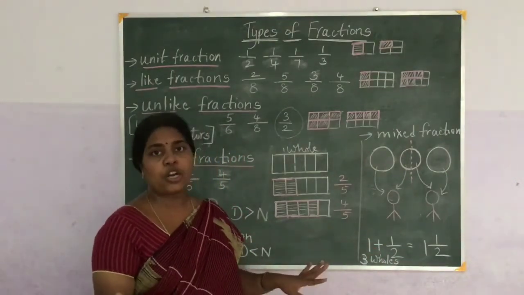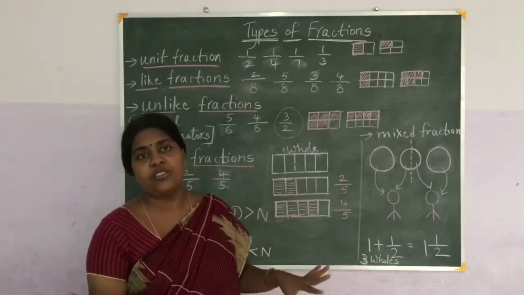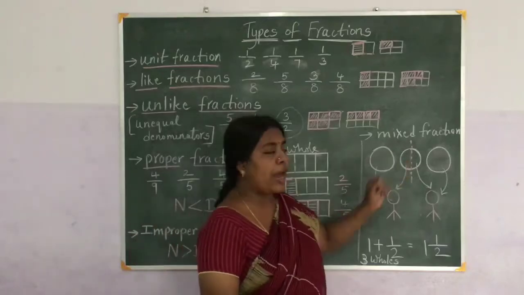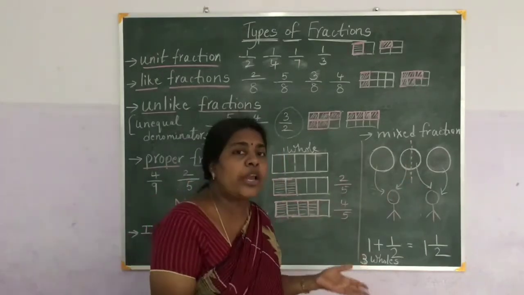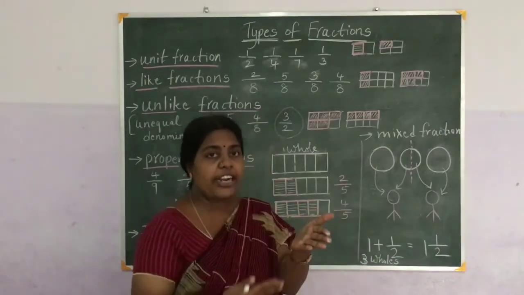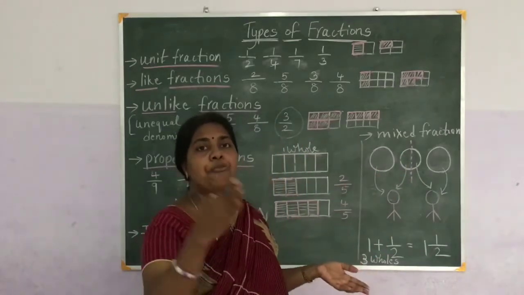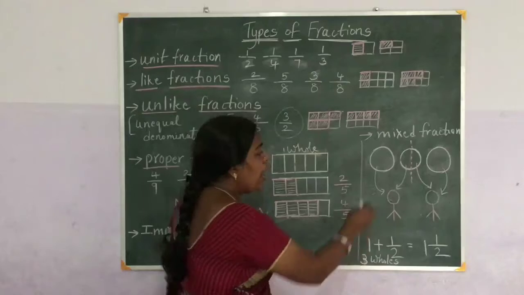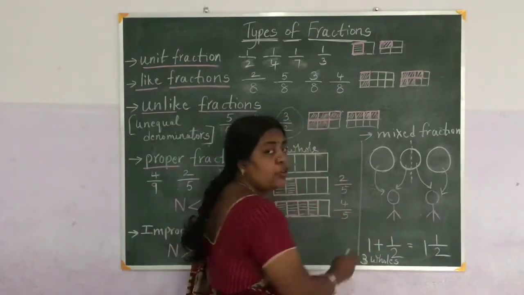So 2 chapatis are completed; 2 chapatis means 2 whole chapatis. Now I have 1 more, and that one I should distribute between 2 children. How can I distribute? That 1 full chapati I divide into 2 equal parts, half and half. Now I give 1 full chapati to each child.